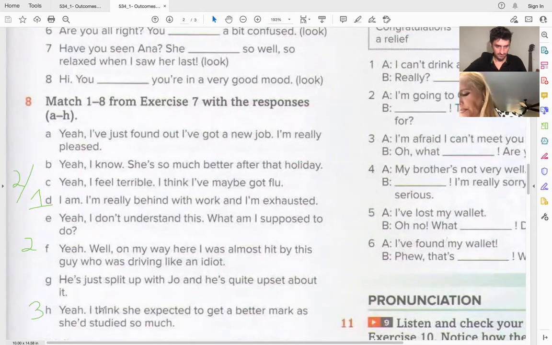He's just split up with Joe, and he's quite upset about it. Can you say Joe? Joe. Okay, and are you okay? You sound like you've got a cold.